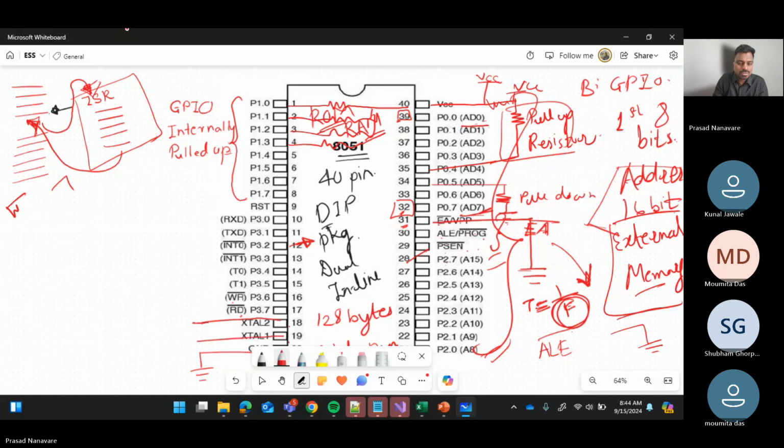Okay, so XTAL1 and XTAL2, इसका सर्किट कैसे होता है देखो। इधर क्रिस्टल कनेक्ट होगा, ओके, देन यहाँ पे दो कैपेसिटर्स कनेक्ट करेंगे हम टू हैव इट बैलेंस्ड.